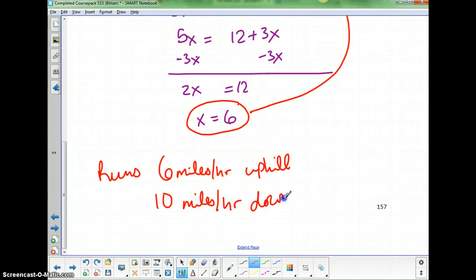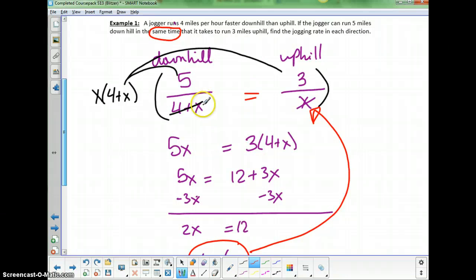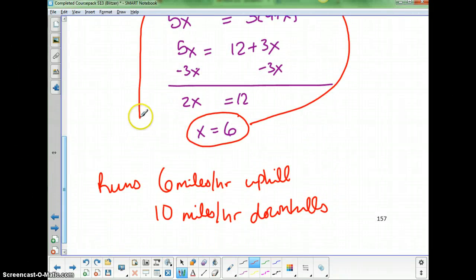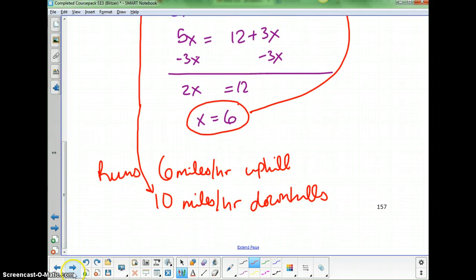How did we get 10? Downhill is 4 plus the value of x, so we took our 6, which is our x, and added 4. That's going to be our answer.